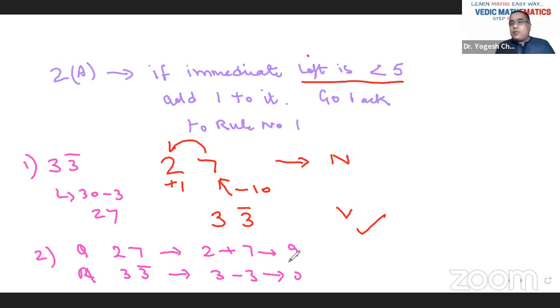And we know whenever we have digit sum as 0 or negative, we add 9 to it. So both the digit sums of question and answer are the same. That means whatever we have solved is 100% correct.